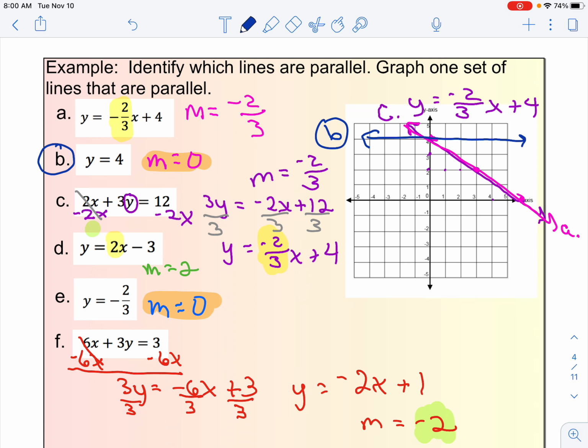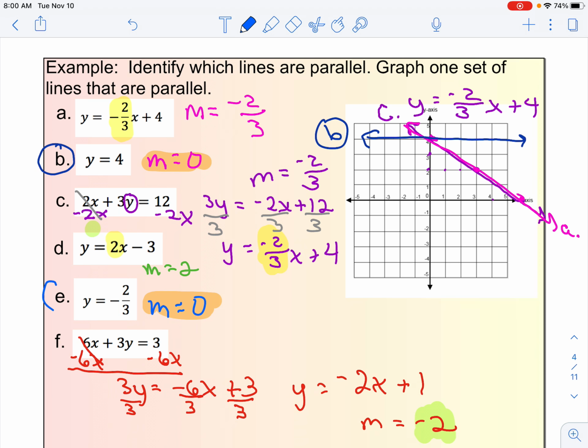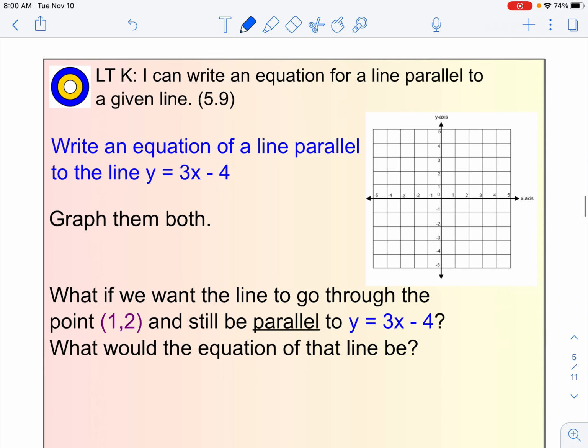So that is letter B. And then I'm going to graph y equals -2/3, and that is kind of tricky. But we can do our best to graph where y goes to the y-axis at -2/3. Here's where -1 is. -2/3 is just less than that. So that would be letter E. All right, so moving on.